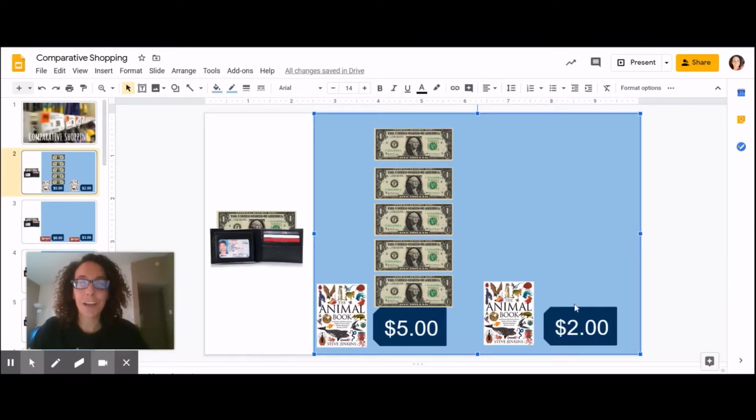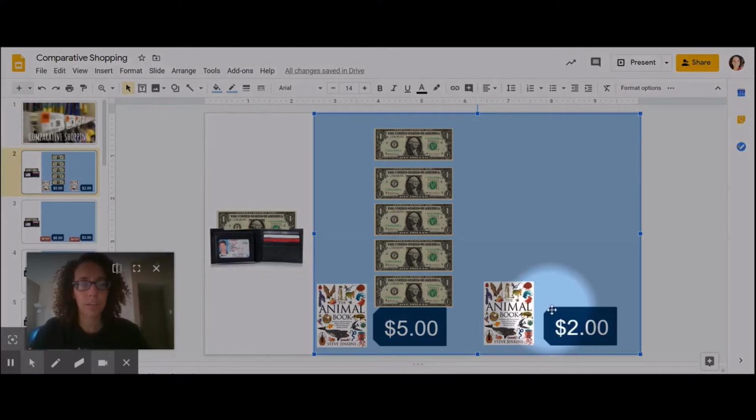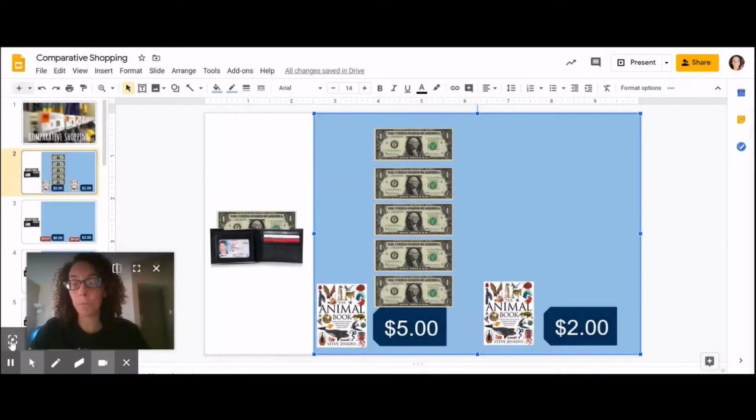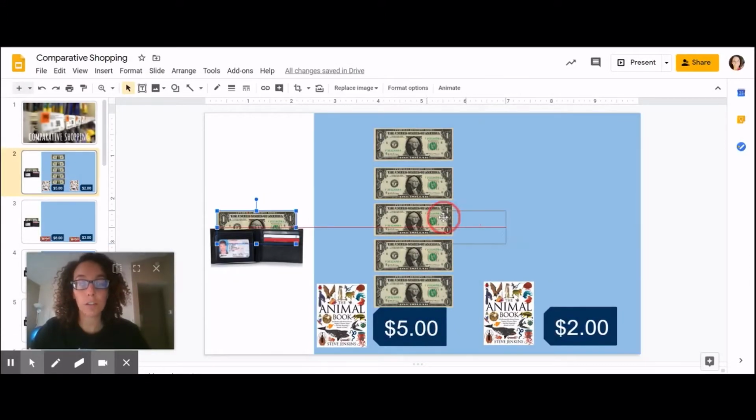Great. Thank you for helping. What number do we have over here? That's right. That's the number 2. So let's move $2 from our wallet to pay for the item.